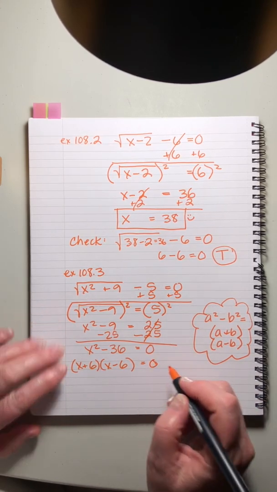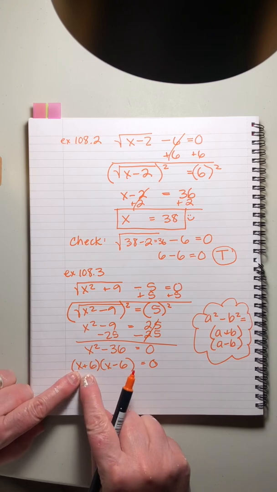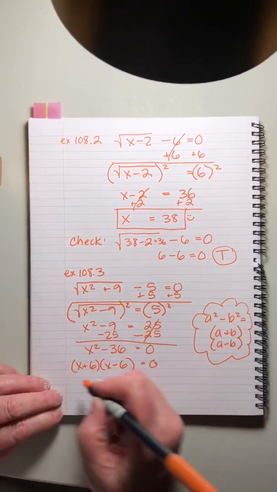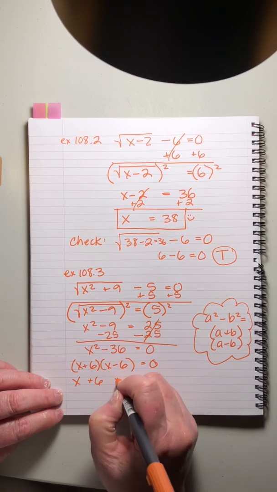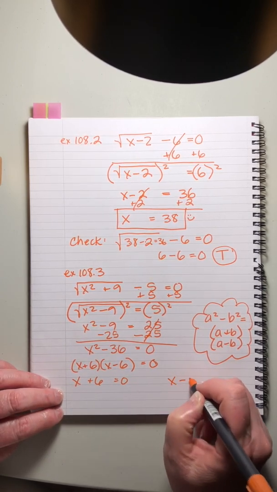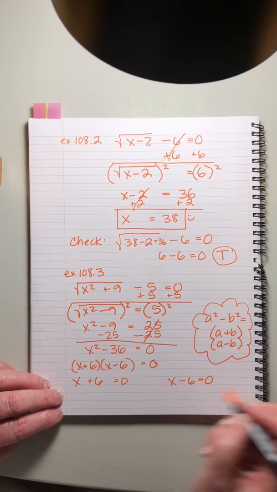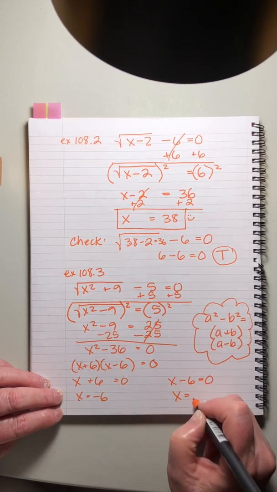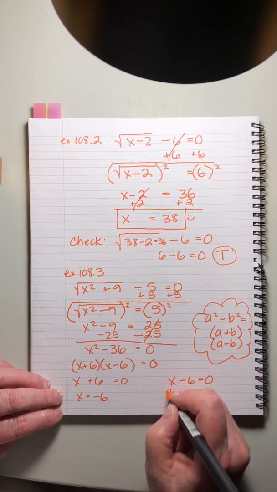And now we can use our zero product theorem to say, okay, if these two things multiply together and equal 0, then either this is 0 or that is 0. So either x plus 6 equals 0 or x minus 6 equals 0. And this one is x equals minus 6, x equals plus 6.